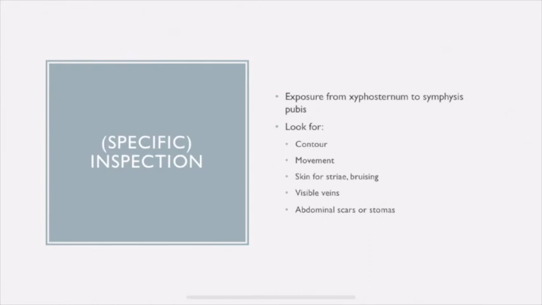You might see bruising, or in pancreatitis, you might have a hemorrhagic process in the abdomen that led to bruising. We'll talk about that in a second. Visible veins, so things like the caput medusae from portal hypertension that we mentioned earlier. And then, of course, scars from surgery, any stomas they might have because of prior abdominal surgery or colon surgery. Want to make note of all these things as we look.